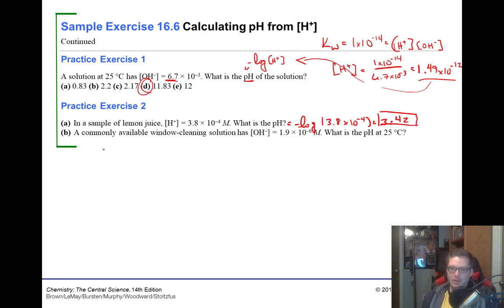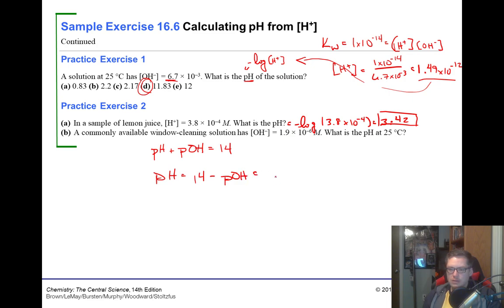All right. Commonly available window cleaning solution has a hydroxide concentration of 1.9 times 10 to the minus 6 molarity. What is the pH? All right. So this is very similar to the first one, but we're going to do it backwards. Because we know that pH plus pOH is equal to 14, we can use this to find our pH, because our pH would just be equal to 14 minus the pOH.